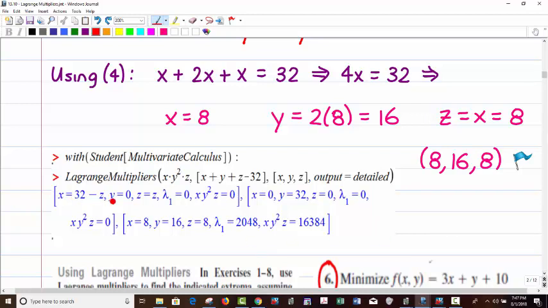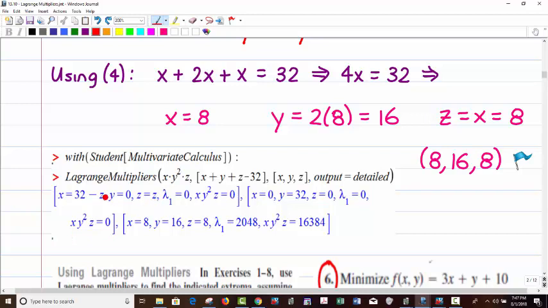This first one's kind of weird, but let's look at the second one. It's picking ones that satisfy the constraint. I'm not sure exactly what method it uses to extract those, but in other words, 0, 32, and 0 would satisfy the constraint. It would make it true, but clearly it's not going to be a maximum because it's going to produce 0 here.